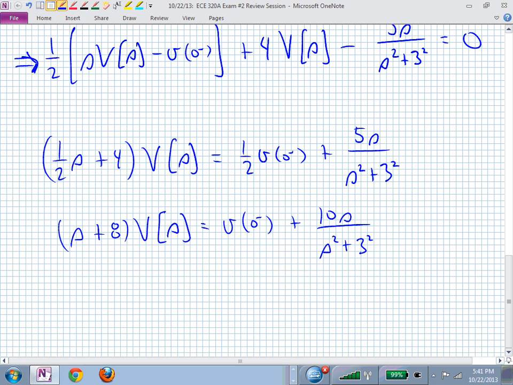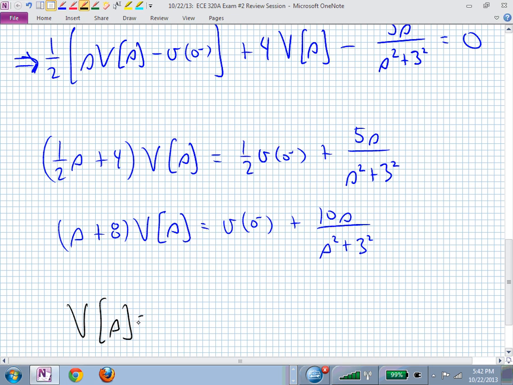Is that okay? Now I know where my real pole is going to be living, because now I just solve for capital V of s. I divide by the polynomial scaling capital V of s.